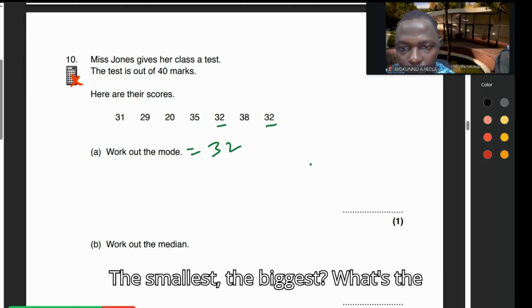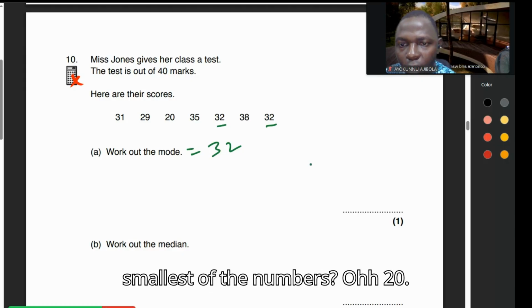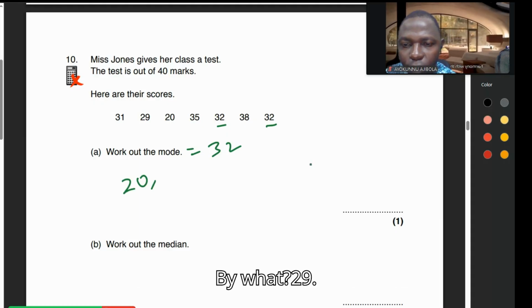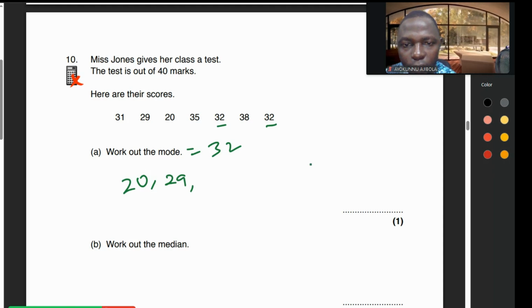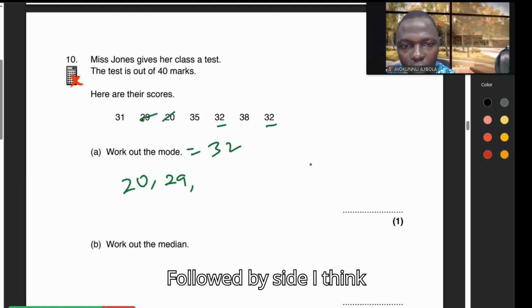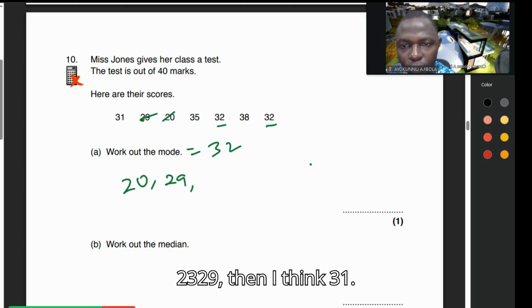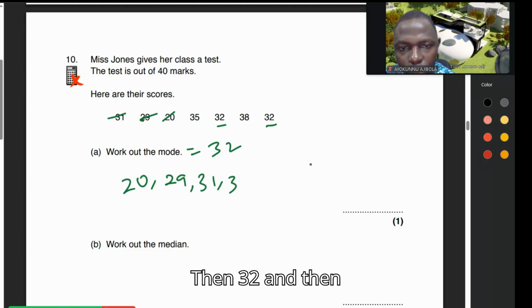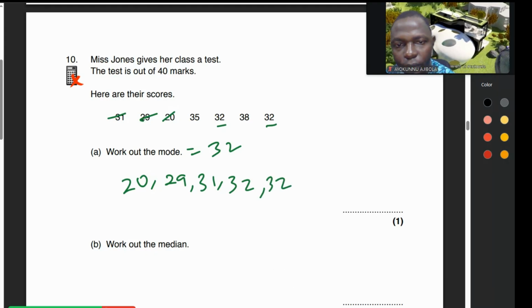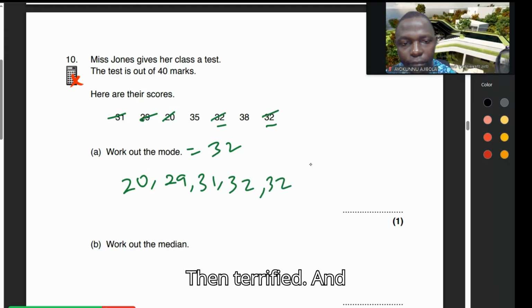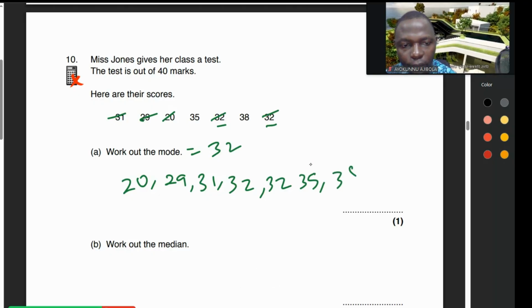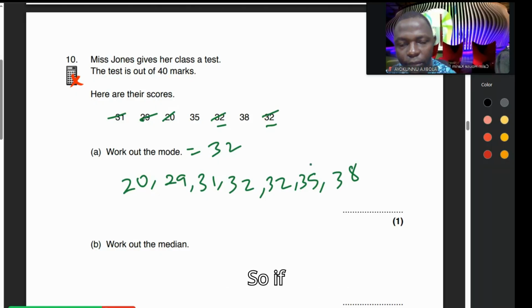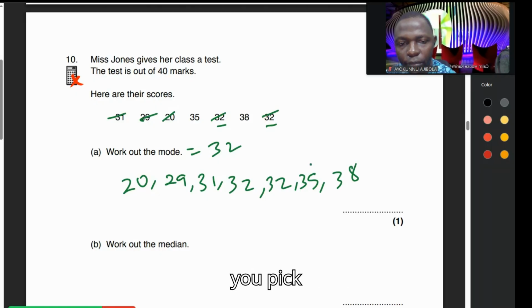From the smallest to the biggest: 20, 29, 31, 32, 32, 35, 38.